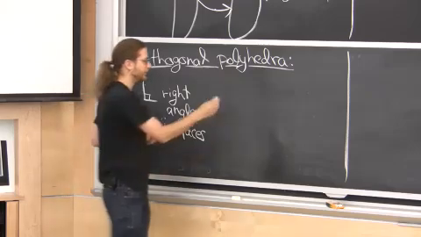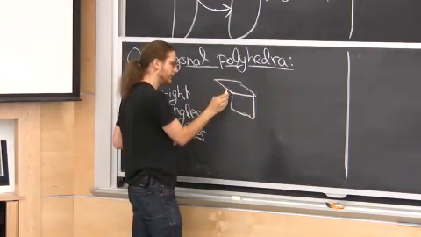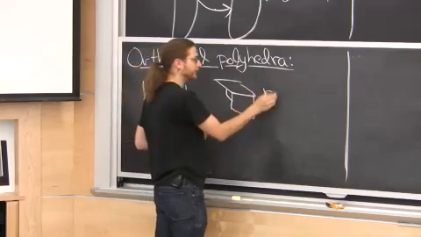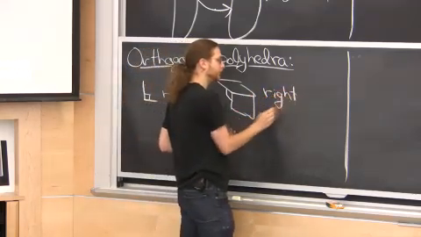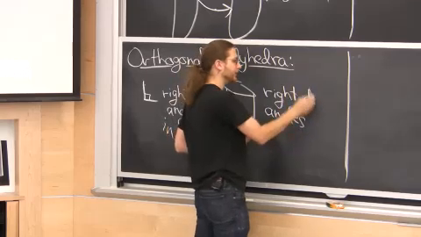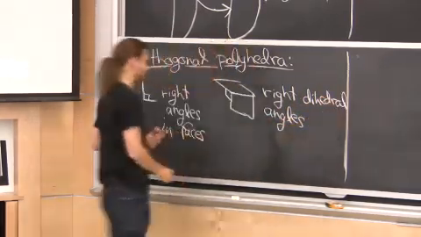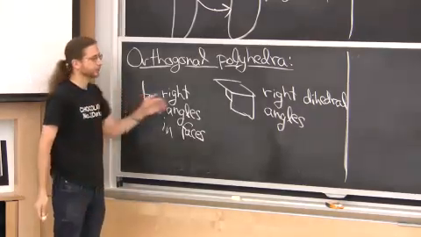The other natural definition is that you look at two faces and the angles between those should be right. So I guess right dihedral angles. Right face angles or right dihedral angles?